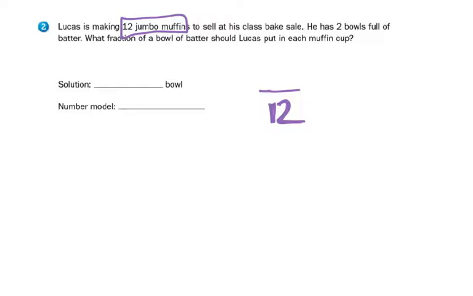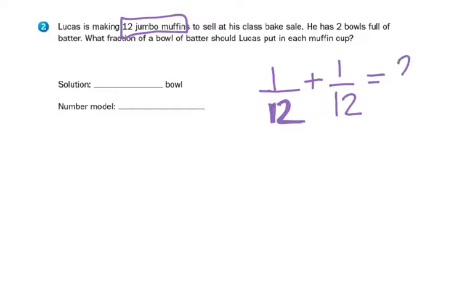If I take my first bowl, I'm going to put 1/12 in the first muffin tin, another 12th in the second one. I'm going to do that 12 times. Then I'm going to take my second bowl and I'm going to pour 1/12 of it into the first muffin tin, another 1/12 in the second one, third one, until I get 1/12 in each of those.